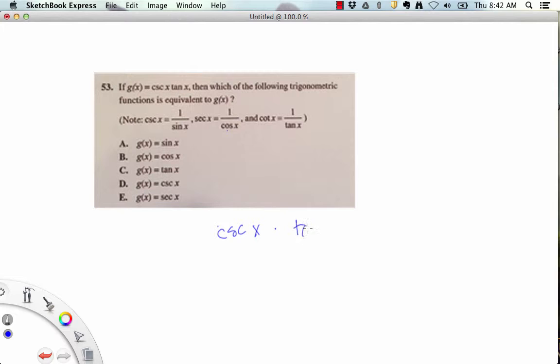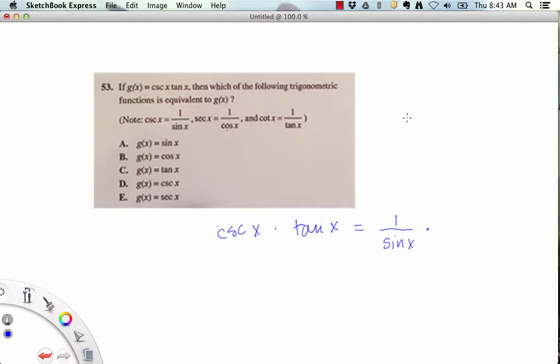times tangent. So one of the ways to do these identities is to break everything down to sines and cosines. So cosecant is 1 over sine. Tangent, oh, it's not in here. What is tangent?